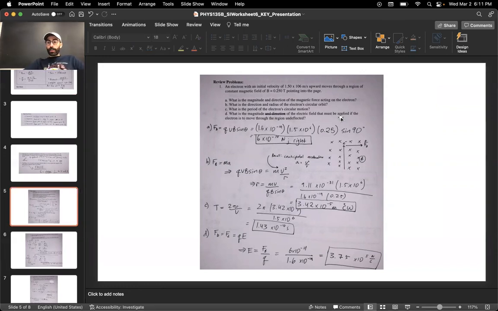So let's draw our diagram. We first draw all these X's going into the page for the constant magnetic field, and we know the electron is traveling upwards. So we work with our right-hand rule, again with a charge. Pointer finger is pointing straight up, and our middle finger points into the page.